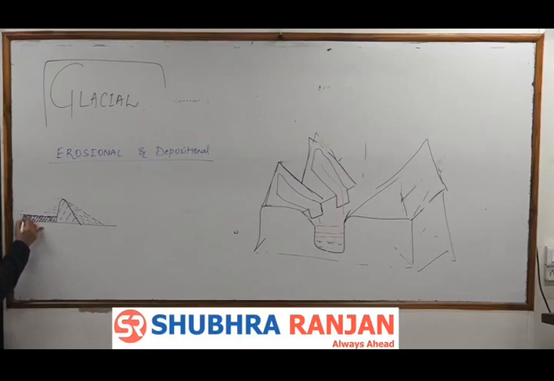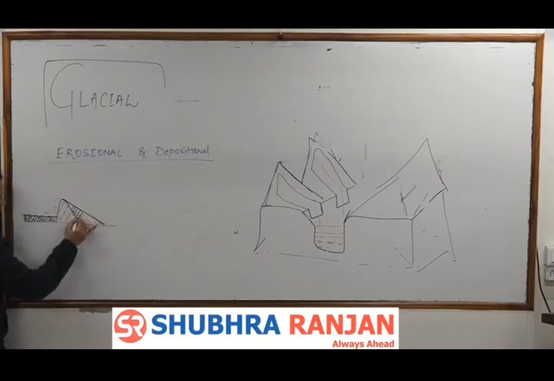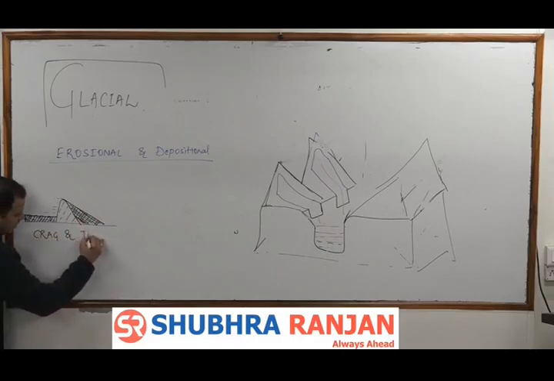The water is gone, the stone will remain, or it gets deposited over here. Understanding? We'll see in photos. But I am telling you before we do the photos what the landforms are. So this topography is known as crag and tail topography.